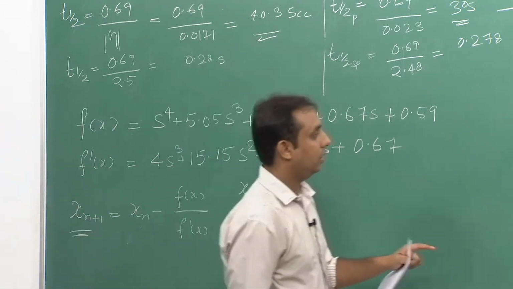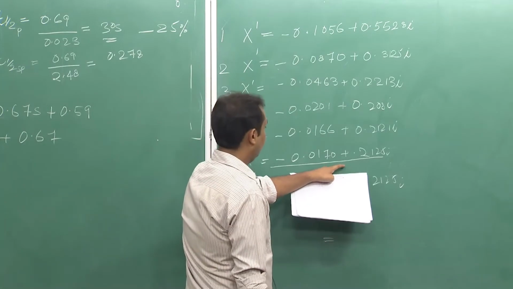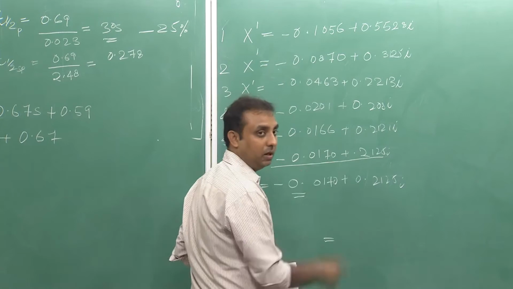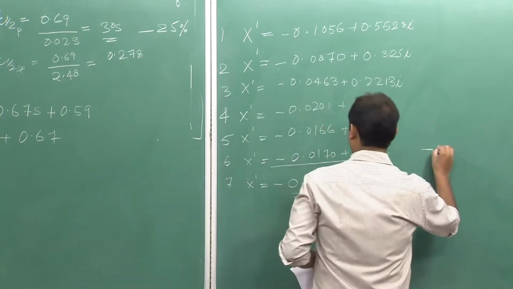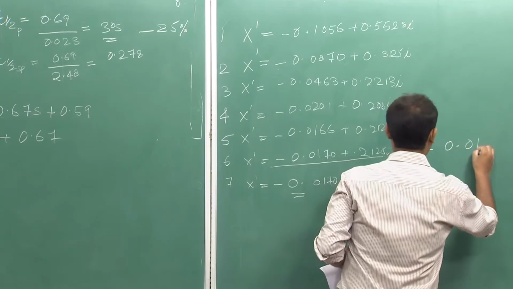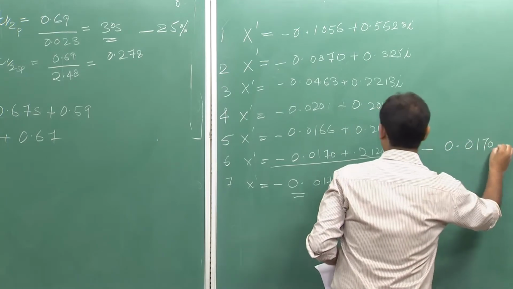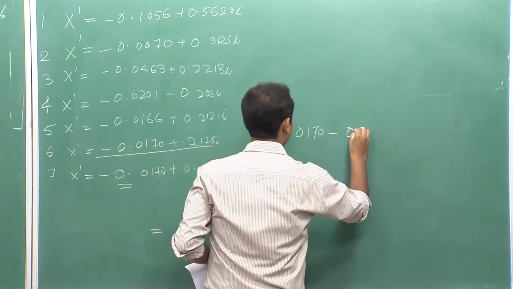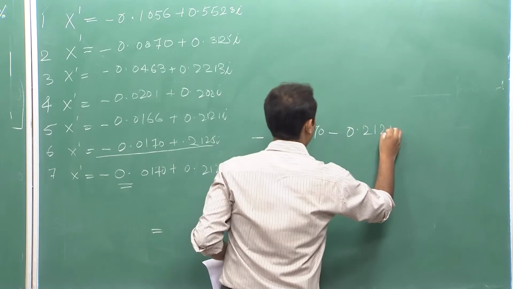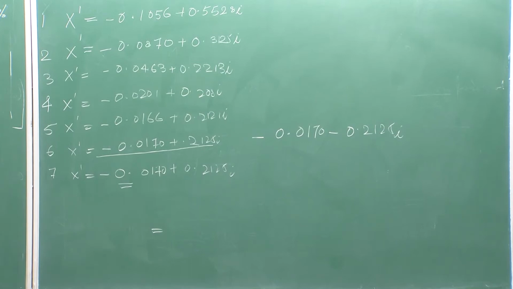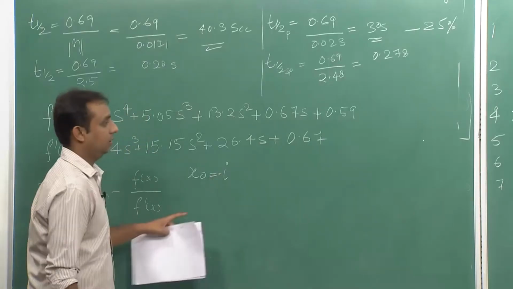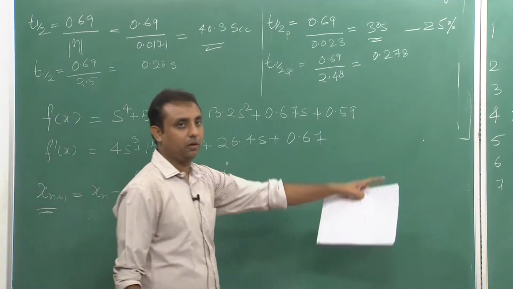So, there will be the same root with a mirror image of this root, that will be minus 0.0170 minus 0.2125 i. You can verify this by putting the initial value of x naught as minus i. The root will converge at that particular point.